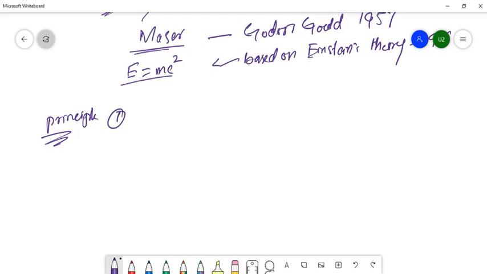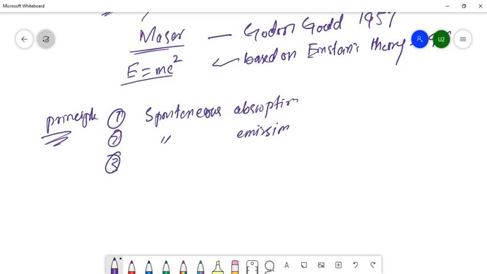One is spontaneous absorption, right? Number two is spontaneous emission.